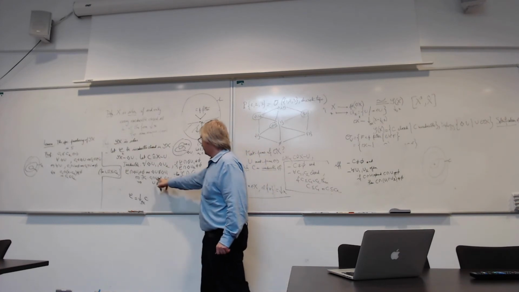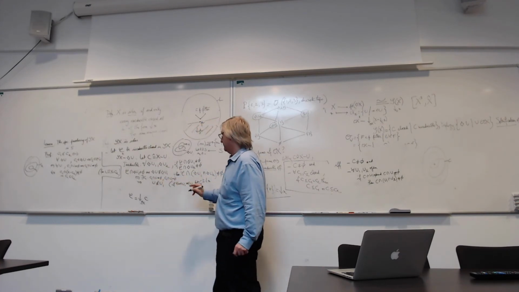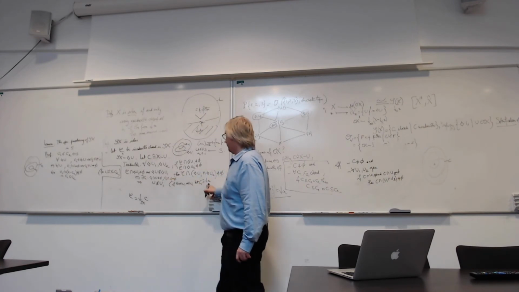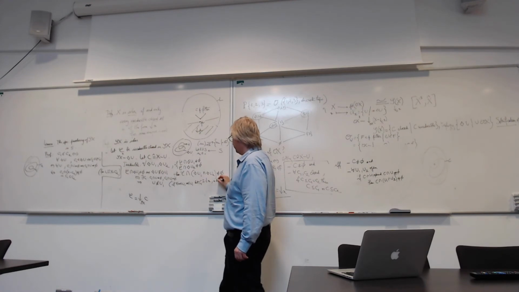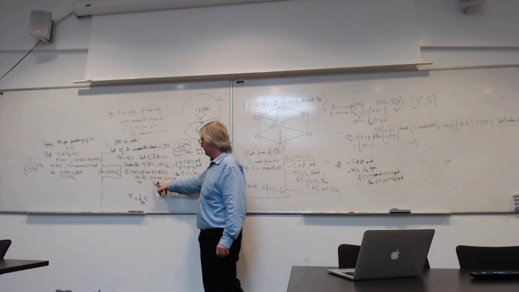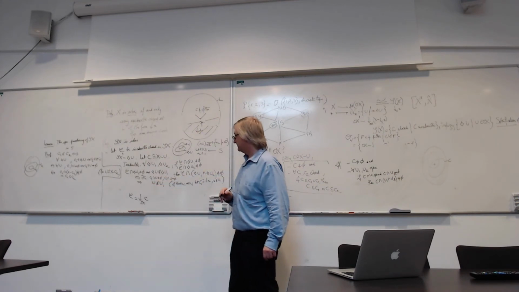So C1 intersects U at x. And by assumption, C1 can't intersect U1. So in particular, x is not in U1. So indeed, that condition implies that U is not included in U1.